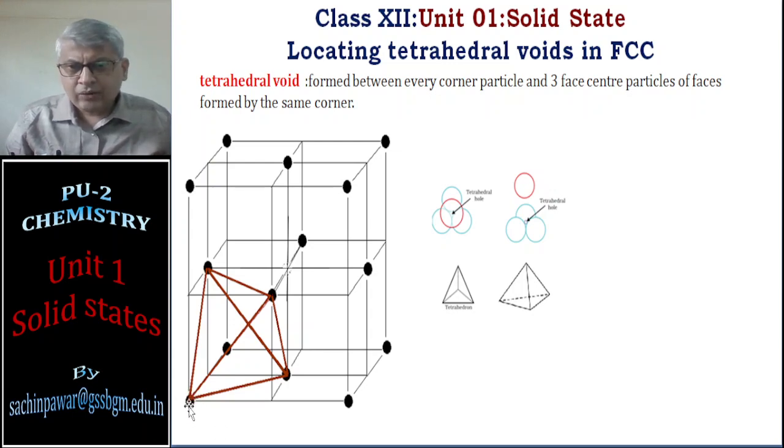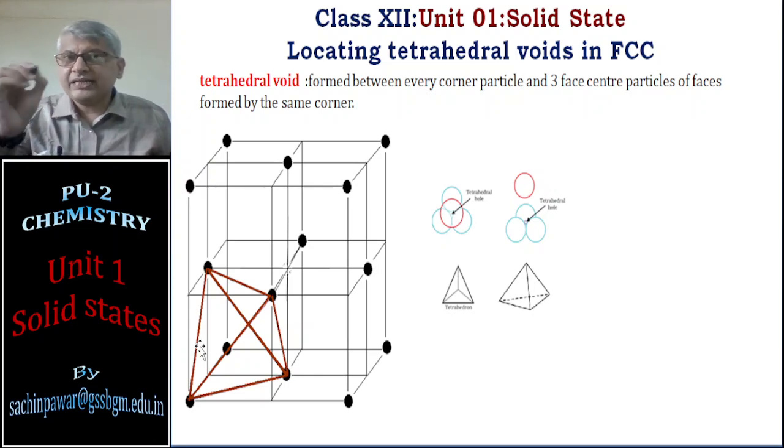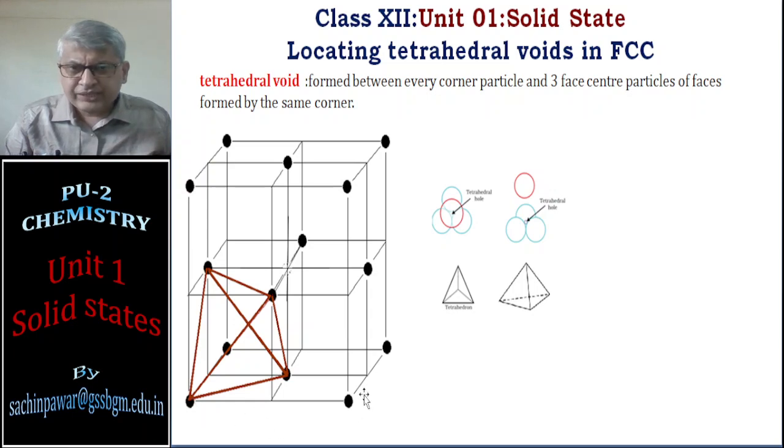So if I take a corner particle, this corner is common to 3 faces. If you are sitting in a room right now, you will see any corner is common to 3 faces. So if I take the centers of those faces, this corner is common to face 1. So this is the face centered particle.